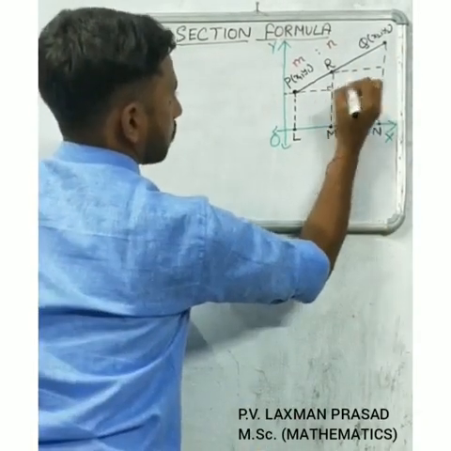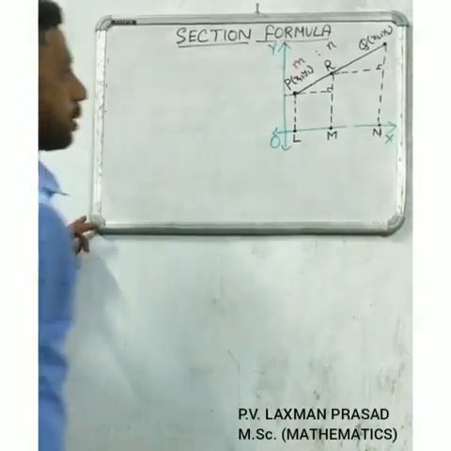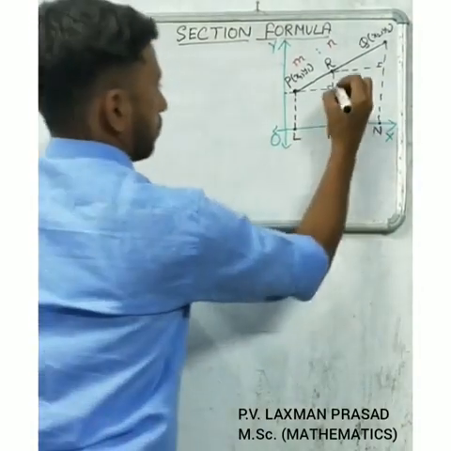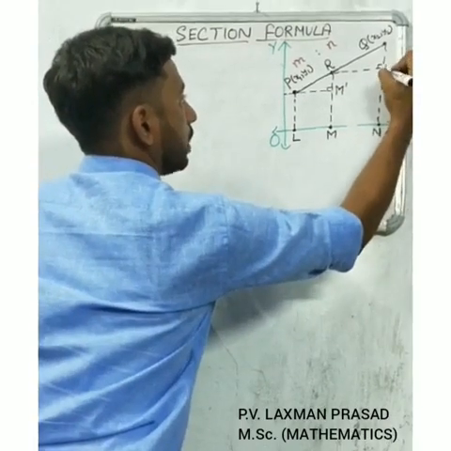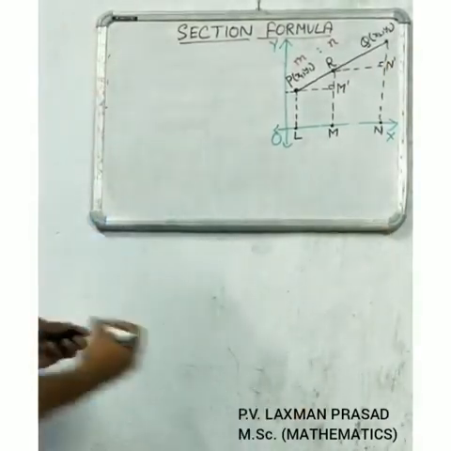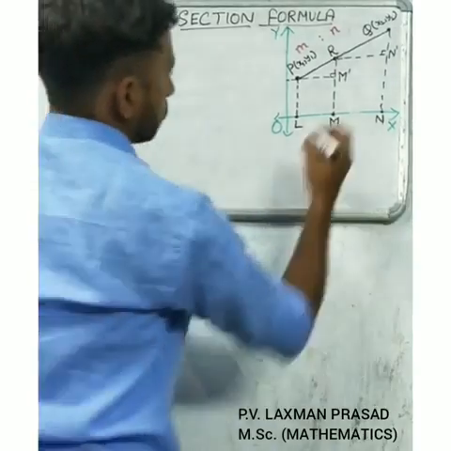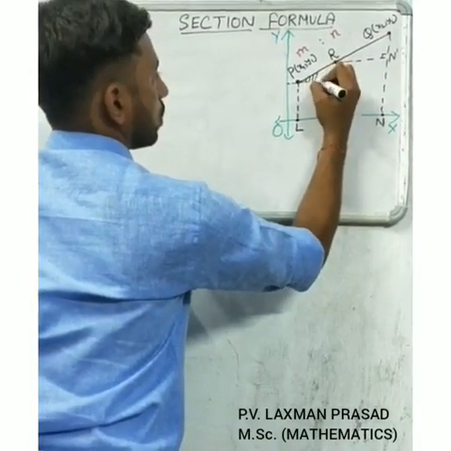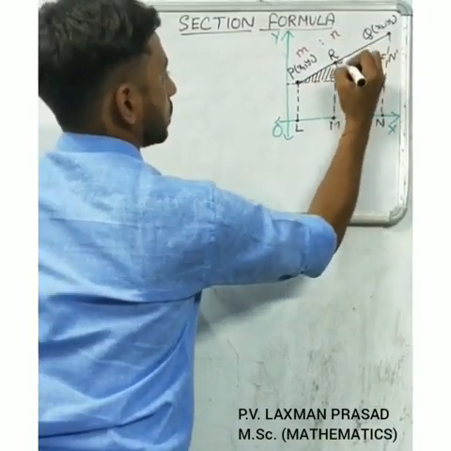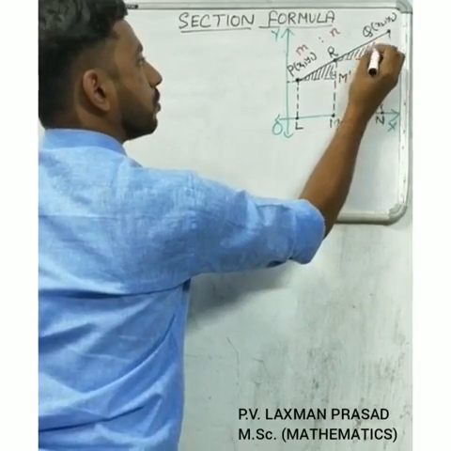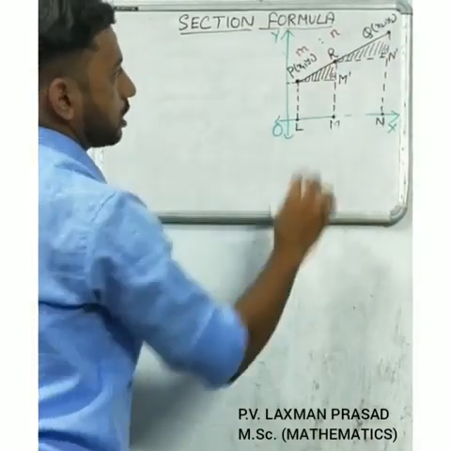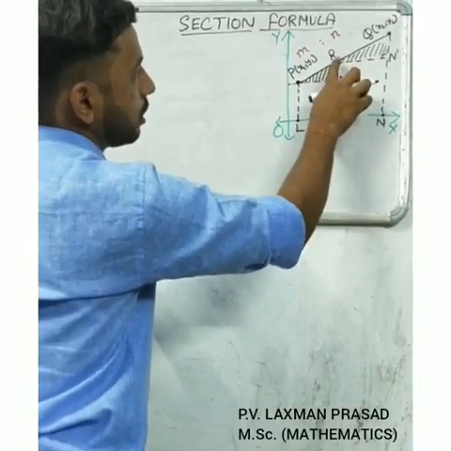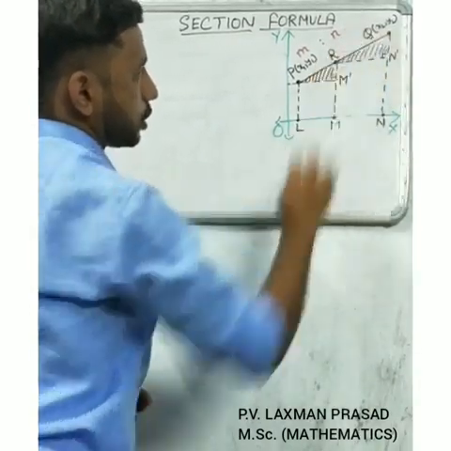Similarly, dropping perpendiculars here and naming them M dash and N dash, we get two similar triangles. Triangle PM dash R is similar to triangle RN dash Q.